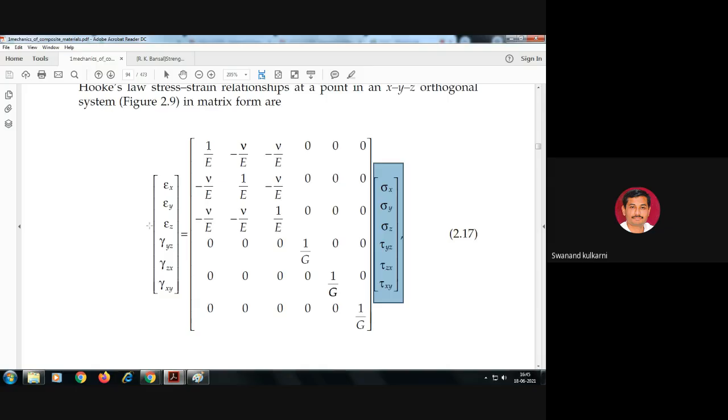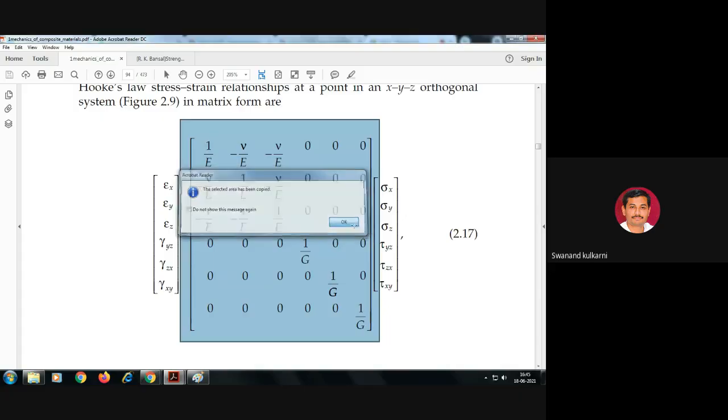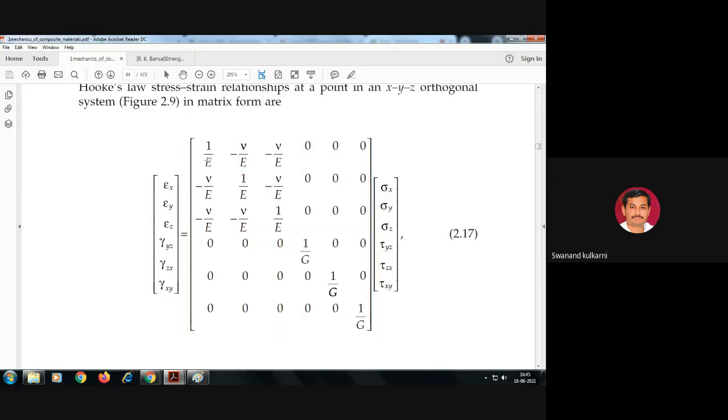So the strain and stress, and in between that, this particular big matrix which is going to represent the material properties. So 1 upon E, minus mu upon E, because E is Young's modulus, and Young's modulus is nothing but the material property that all of us know.